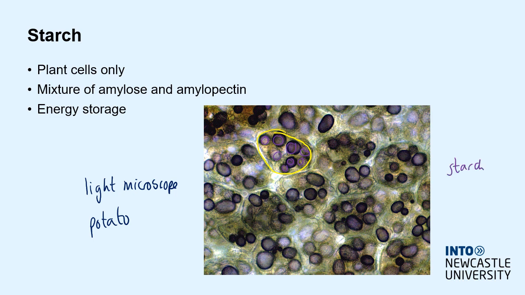If you think about potatoes, potatoes are filled with starch, and that's because they're storing the starch in these granules. And these starch granules have been stained purple by using iodine, potassium iodide, to stain these cells here.